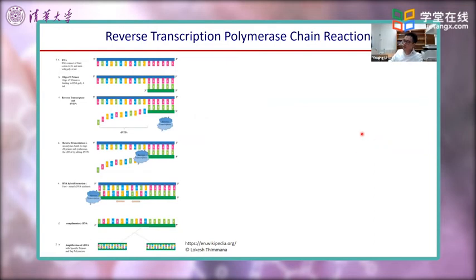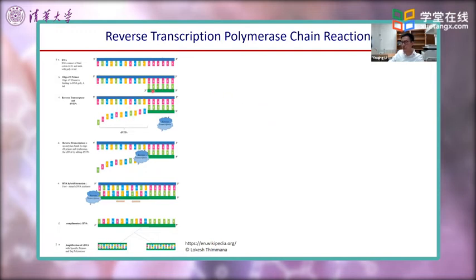The technology to detect the presence of a small piece of DNA is called reverse transcription polymerase chain reaction, or RT-PCR. It needs this reverse transcription because, as we just said, the coronavirus is a single-strand RNA virus, and its genome needs to be first converted to DNA.